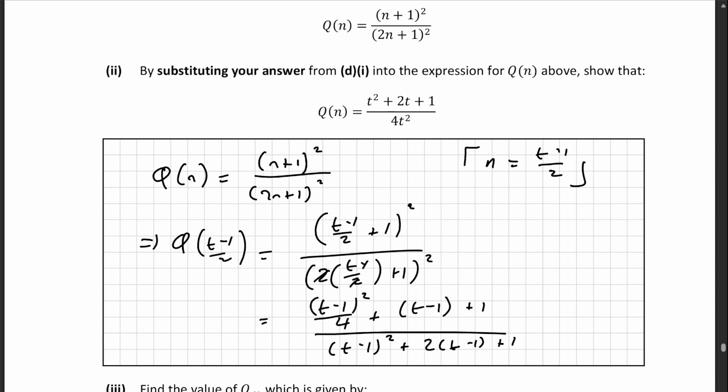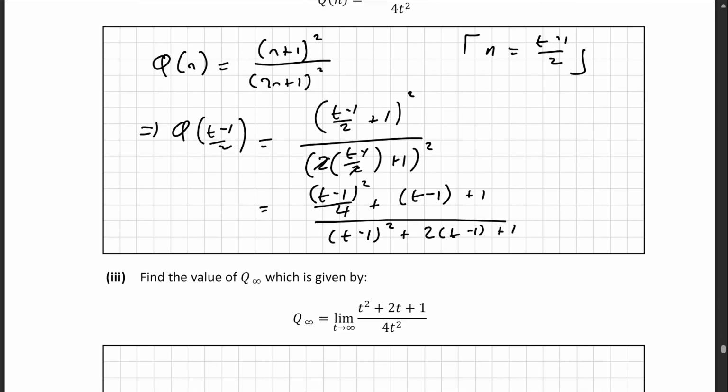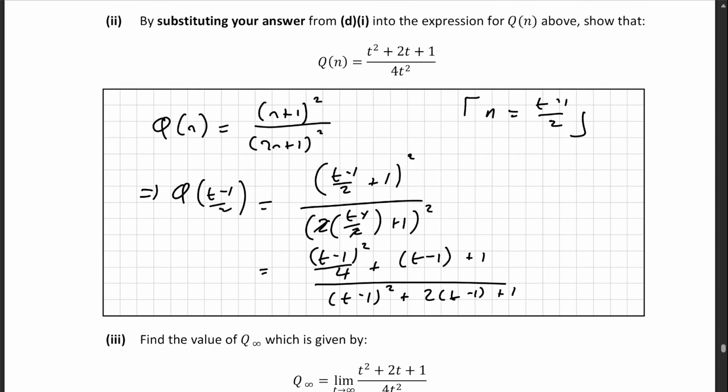I think if I multiply top and bottom by 4, there's probably going to be some cancellation here. So we'll have t minus 1 squared plus 4 times t minus 1 plus 4 over 4 times t minus 1 squared plus 8 times t minus 1 plus 4. So I really don't want to have to expand this out, but I think I have to.